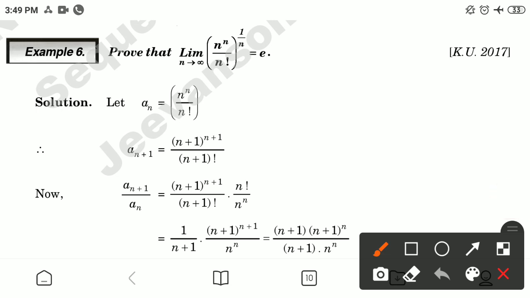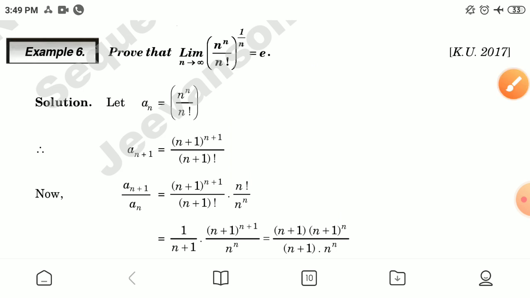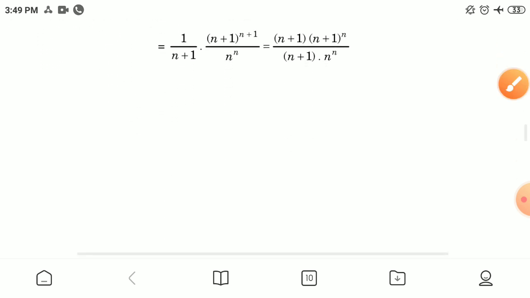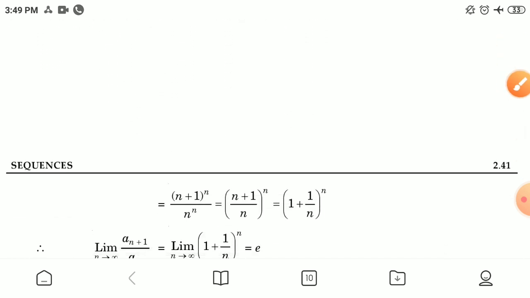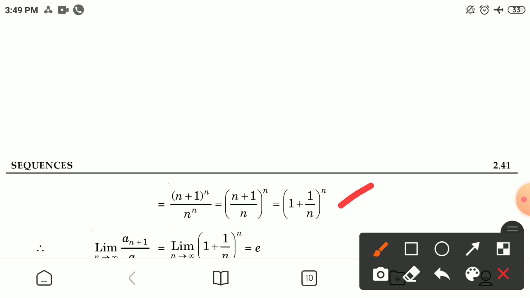Prove that the limit when n tends to infinity of n raised to power n by n factorial, whole power 1 by n, is equal to e. Let an be equal to n raised to power n by n factorial. An plus 1 is equal to n plus 1 raised to power n plus 1 by n plus 1 factorial. If we divide and simplify, we have the value equal to 1 plus 1 by n raised to power n.